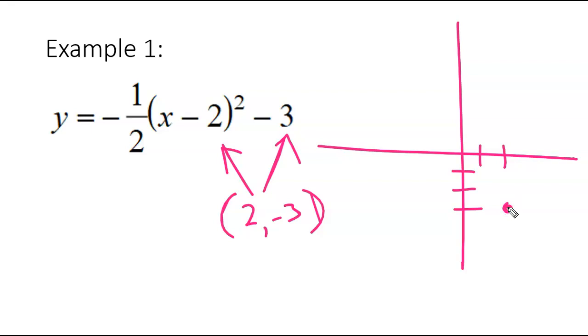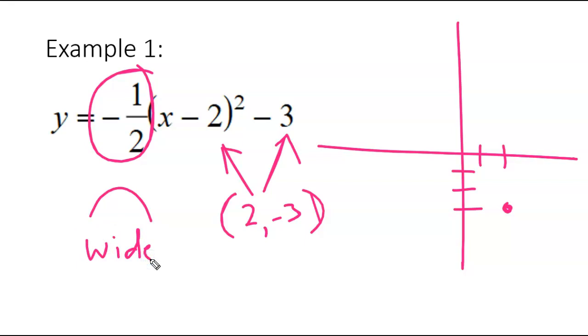Now the next thing I'm going to do is use my a value. Notice it's negative, so it's a sad face parabola. And since the a value is a half, it's between 0 and 1, so it's going to be a little bit wider than normal.